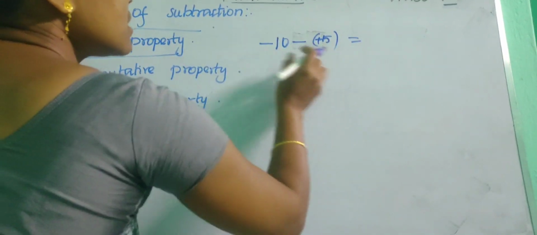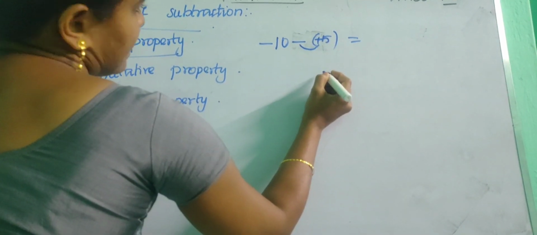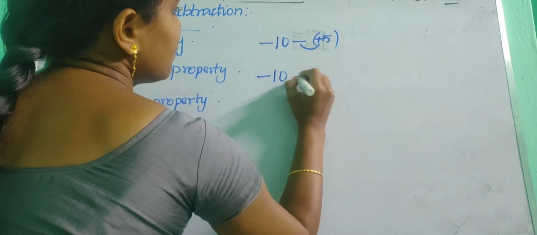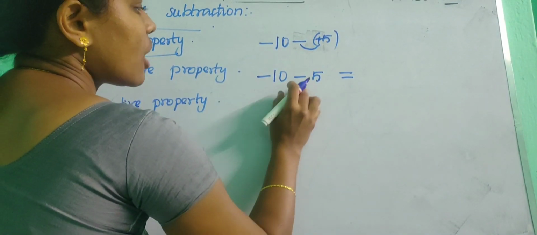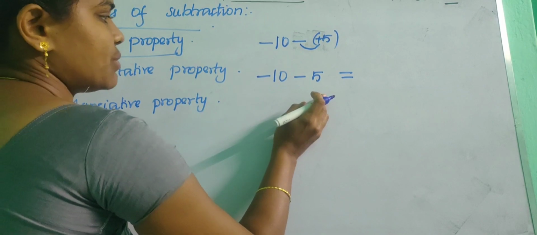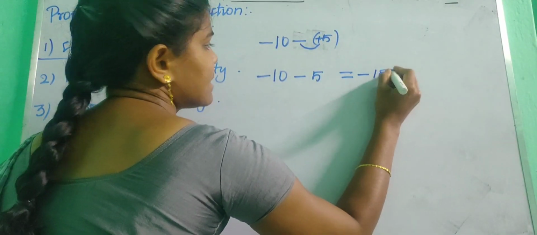So what will you get? Minus 10 minus of plus 5 means minus into plus, we will get the minus sign, right? So we will get the answer as minus 10 minus 5. Now we are having the same signs, right? So we need to add and put the same sign. So 10 plus 5, 15. So minus 15 is the answer.